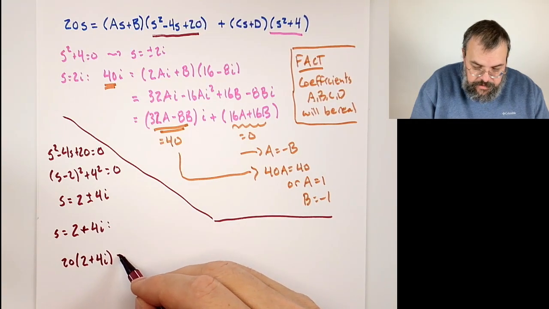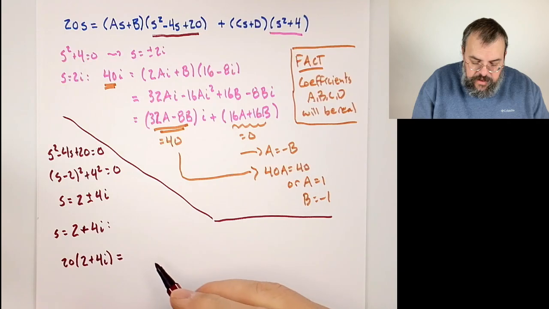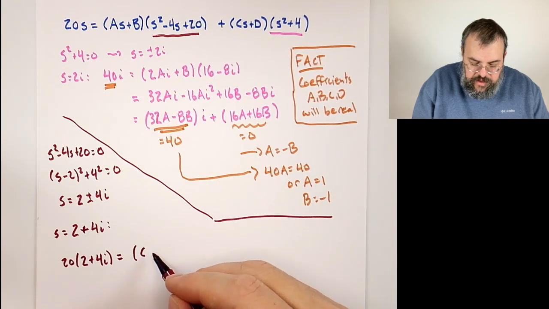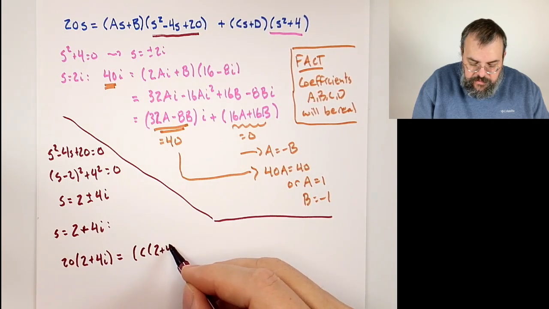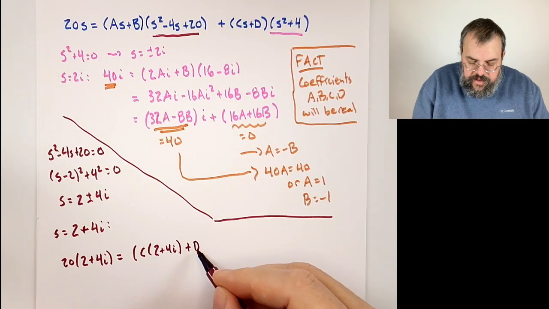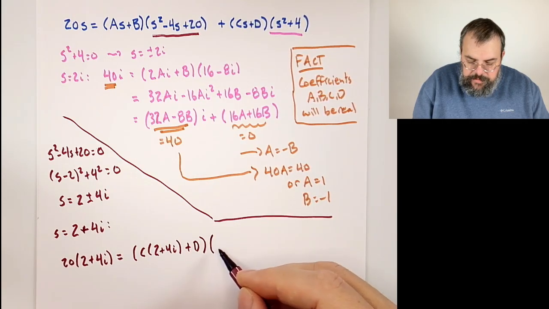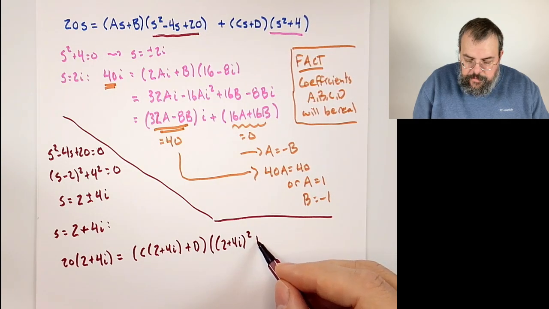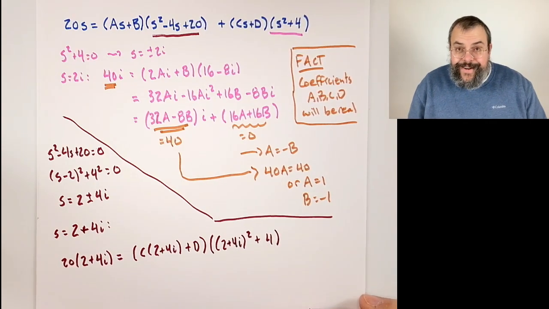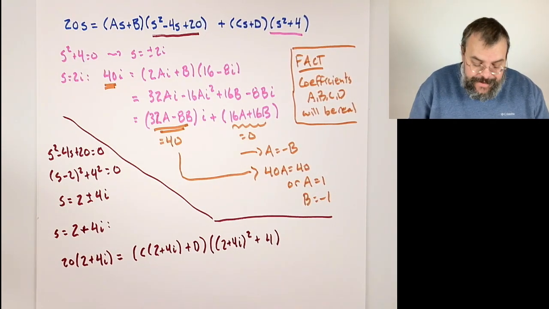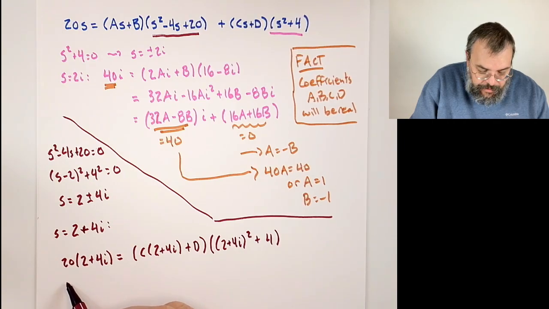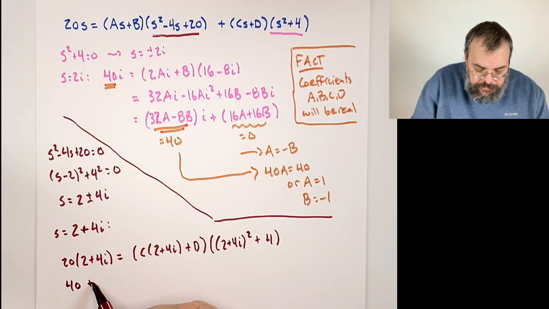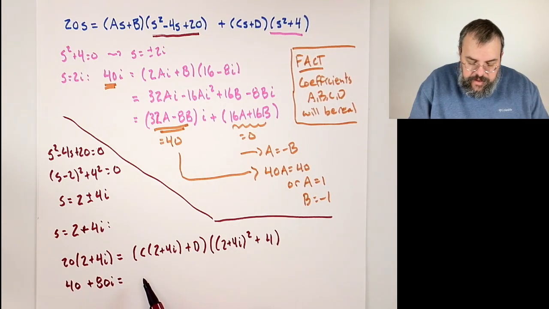This is going to equal, and over here, we're going to get c times 2 plus 4i plus d times 2 plus 4i squared plus 4. All right, this is going to be a more interesting computation. Or we'll get 40 plus 80i equals, and now we'll expand here.